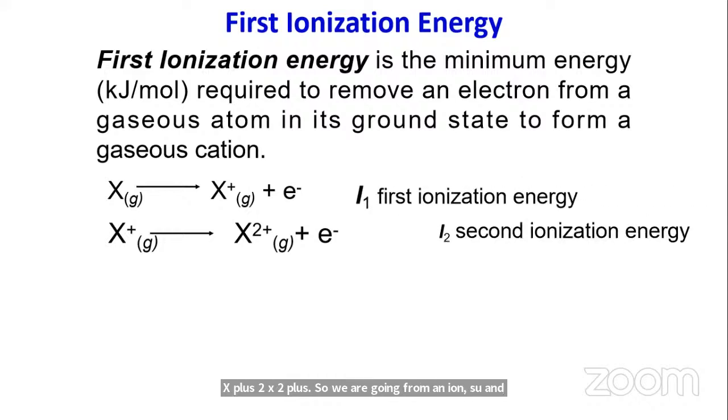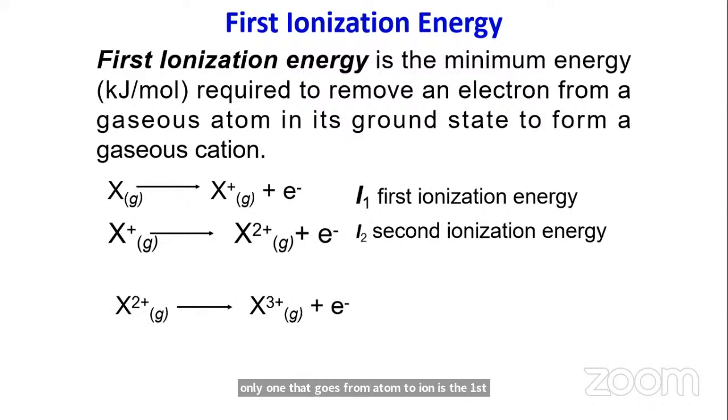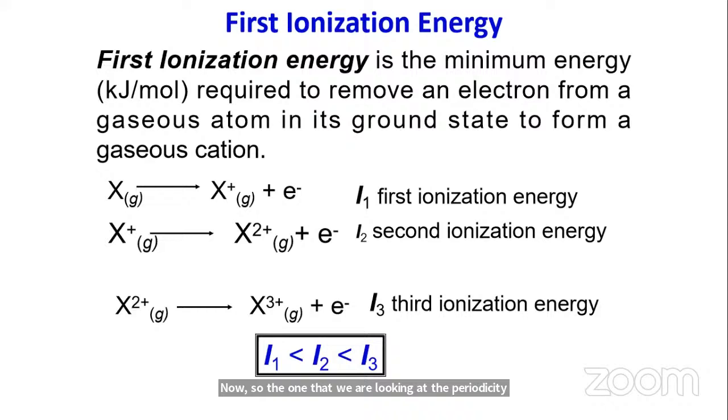The only one that goes from atom to ion is the first ionization energy. For the third ionization energy, you are going from X2 plus to X3 plus. The one we are looking at for periodicity is the first ionization energy. So generally, the ionization energy will increase as we go across.